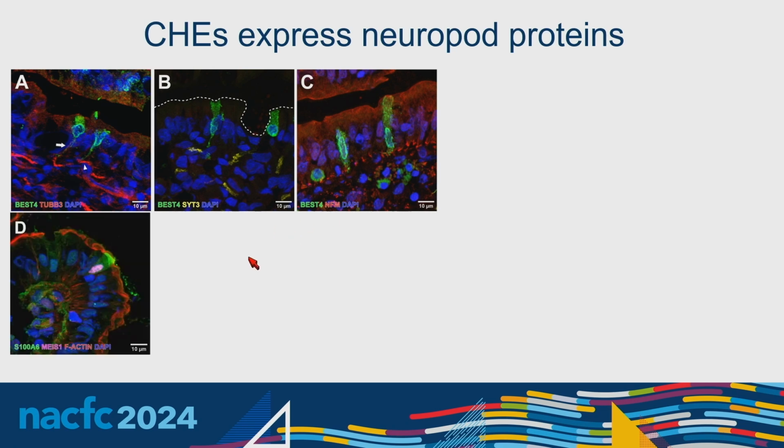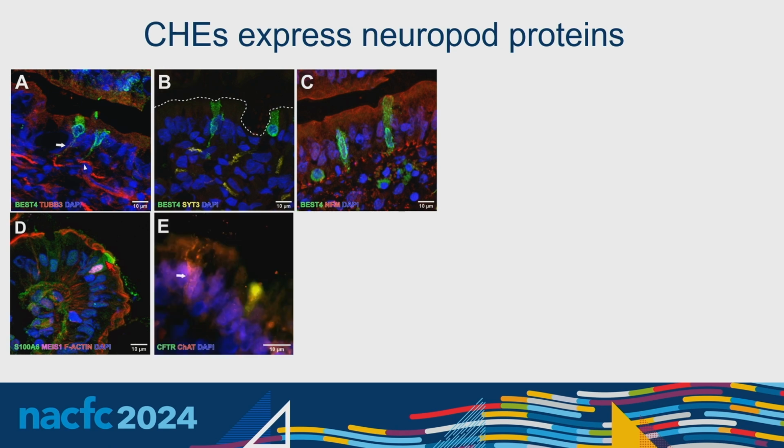S100A6 is enriched in the apical domain of these cells, as shown in green. And chat-positive neurons are found in goblet cells, as expected, because they're important in mucus secretion, and in the Chi cells shown in yellow. And we always see these Chi cells in close proximity to goblet cells.